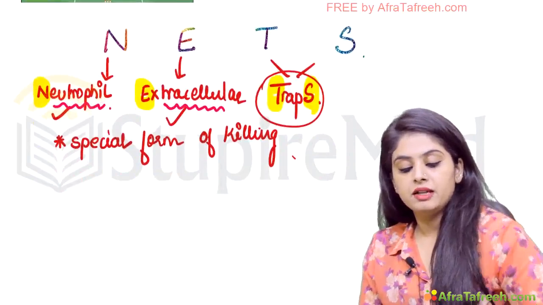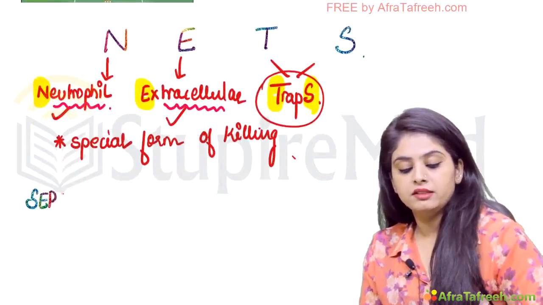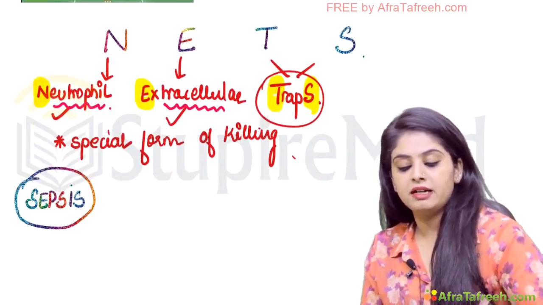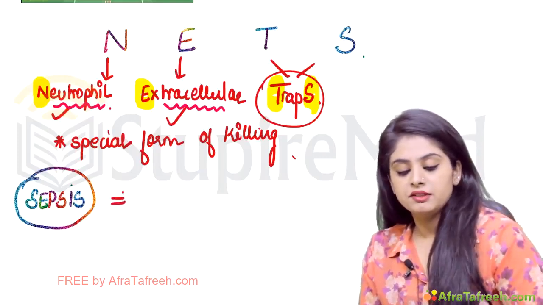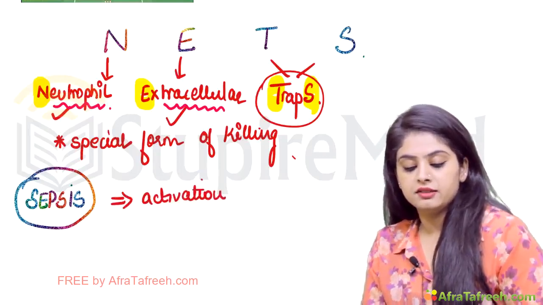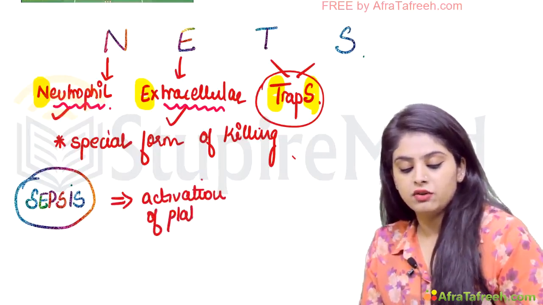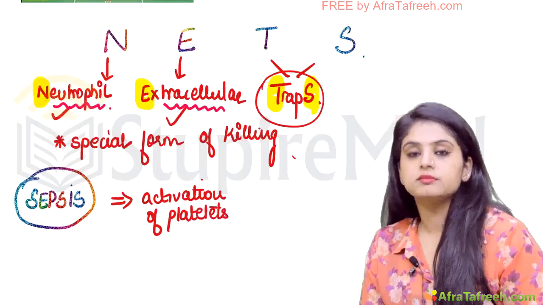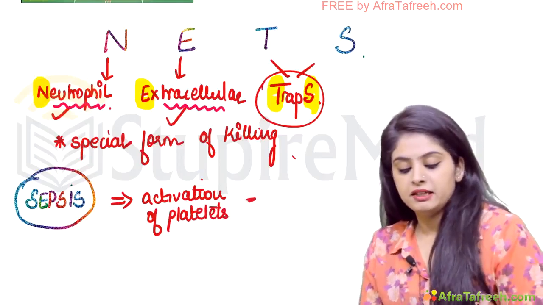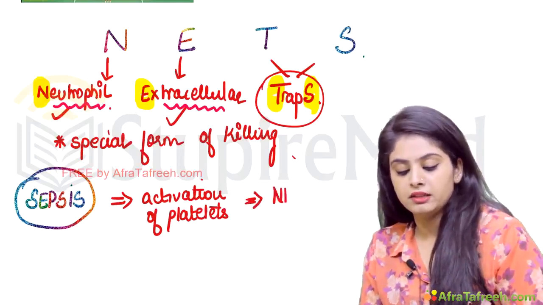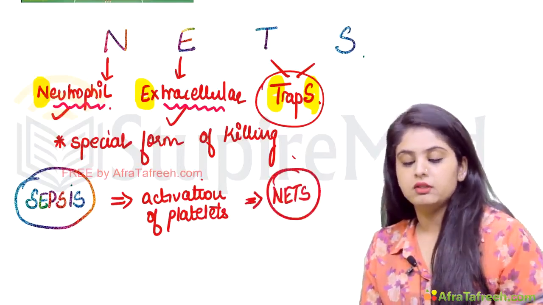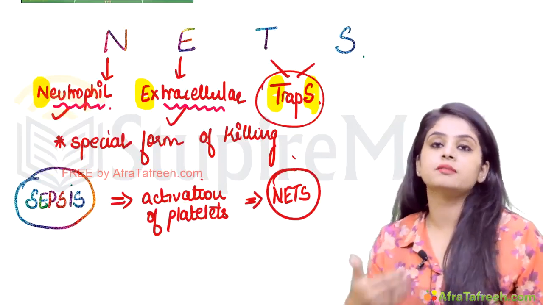Now what exactly is happening? NETs come into play when the body is in sepsis, that is a severe bacterial infection. In sepsis, there is activation of platelets. And these platelets, when they get activated, are going to help in the mechanism of NETs. They are going to activate this mechanism.